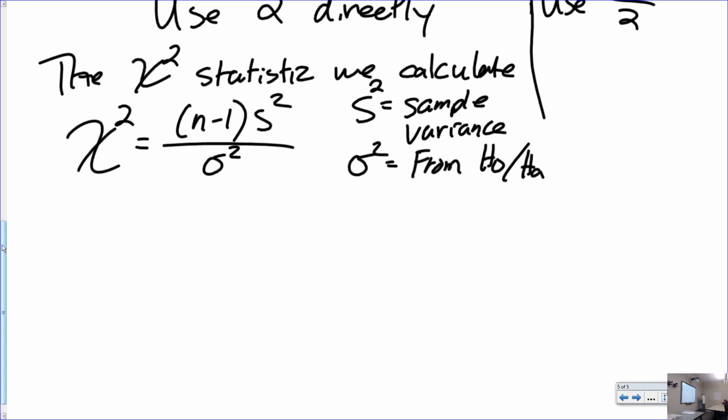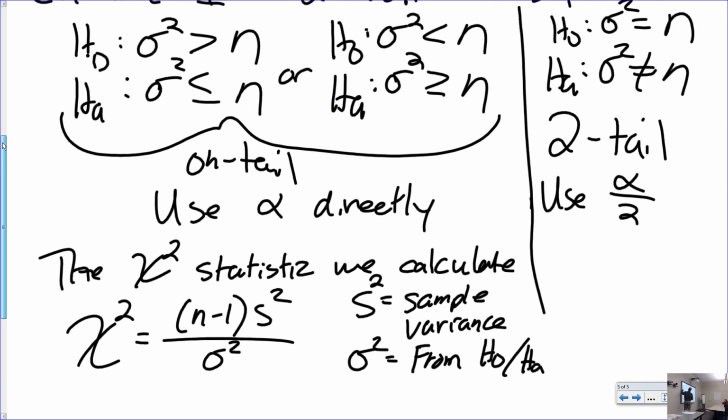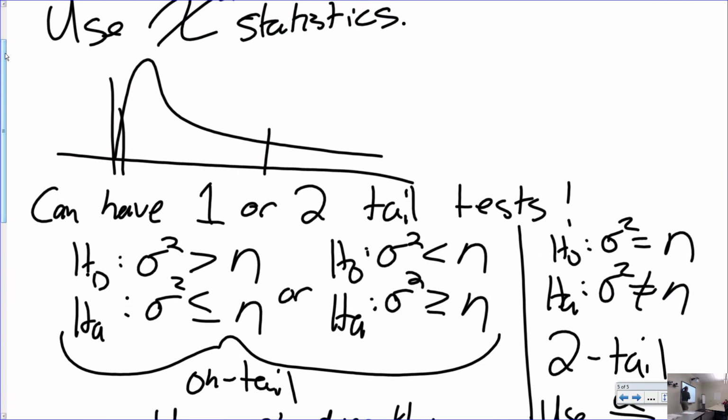And n, just like it always is, is the sample size of whatever it is that you're looking at. And everything else, folks, stays pretty much the same, okay? Note that there are no p-scores in any of this chi-squared stuff. You just basically have to do greater than tests or less than tests, okay?